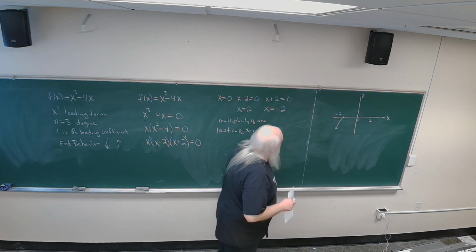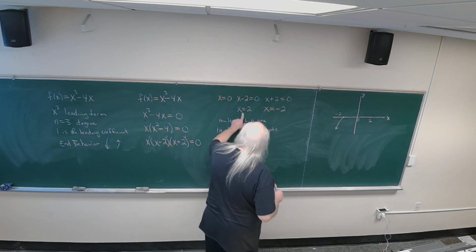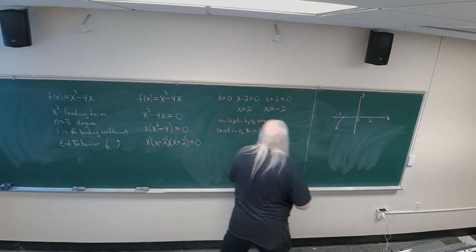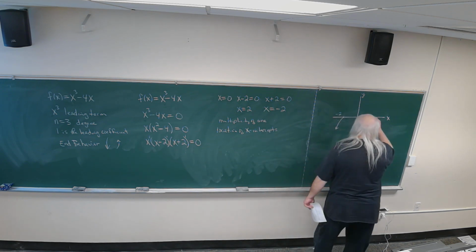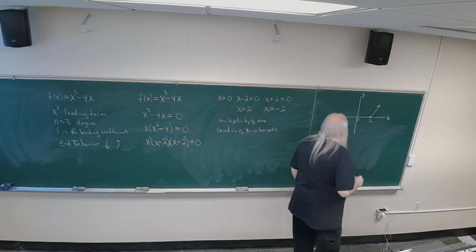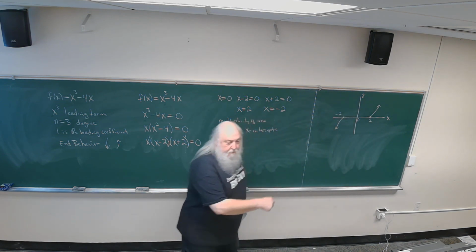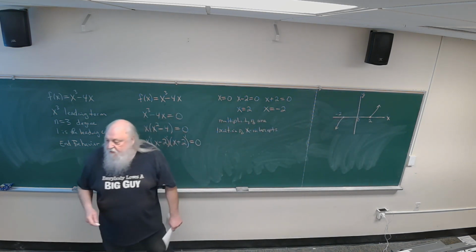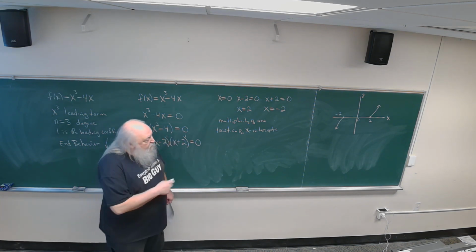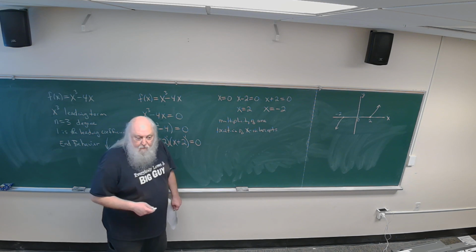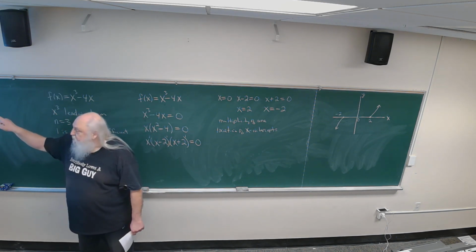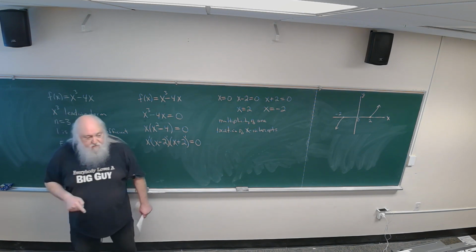And at x equals plus 2, on the right end, the graph goes up. So at x equals plus 2, the graph has to go up. It can't come down and touch the x-axis again, or that would create another x-intercept. And now we can fill in the middle. Now remember, this is an approximation to the graph of the function.